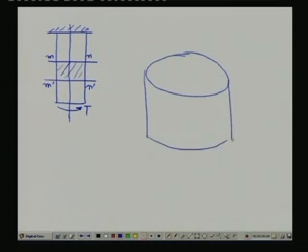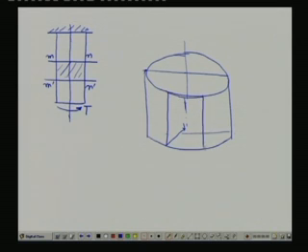Anyway, I am trying to put together a sketch, not a very good drawing, but conceptually I think it should be okay. Now, this is an element.